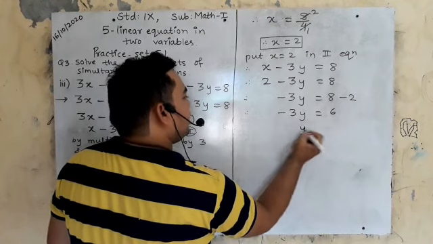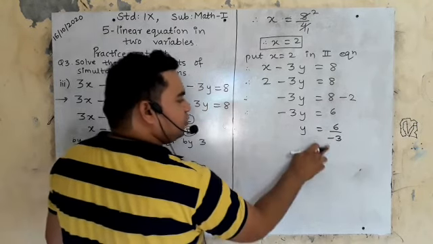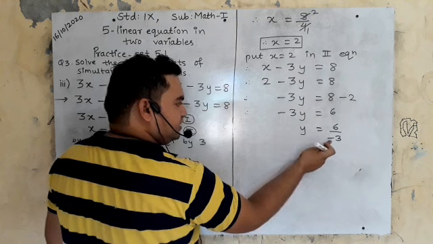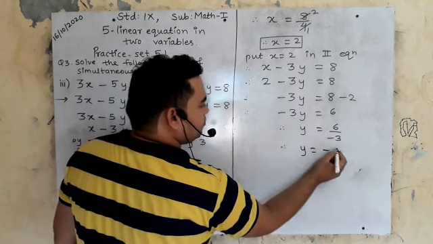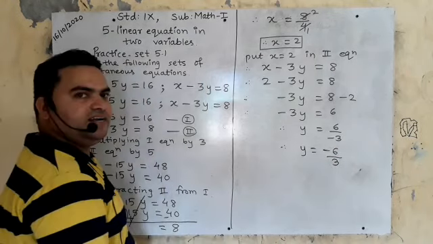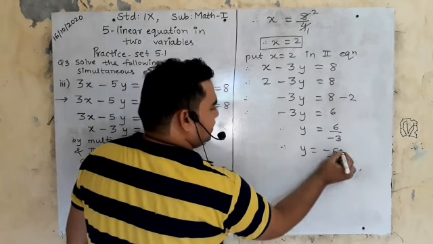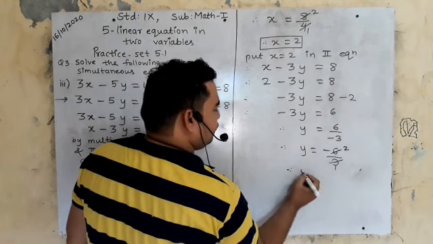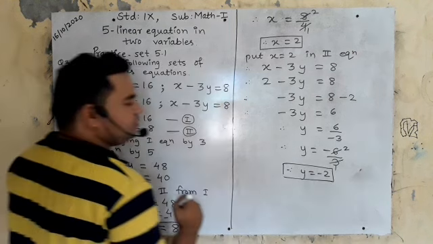So y is equal to 6 upon minus 3. But the denominator cannot be negative, so the sign will go to the numerator. Therefore y is equal to minus 6 upon 3. 3 ones are 3, 3 twos are 6. Therefore y is equal to minus 2.